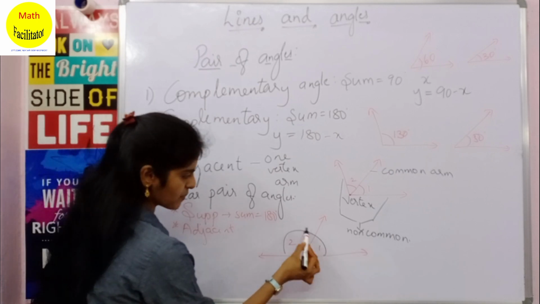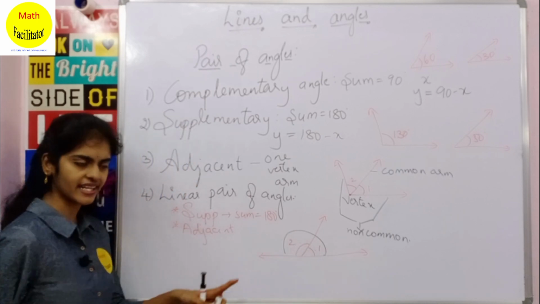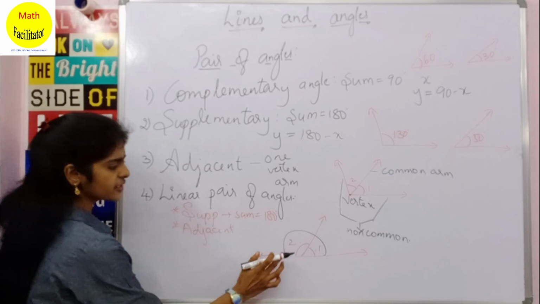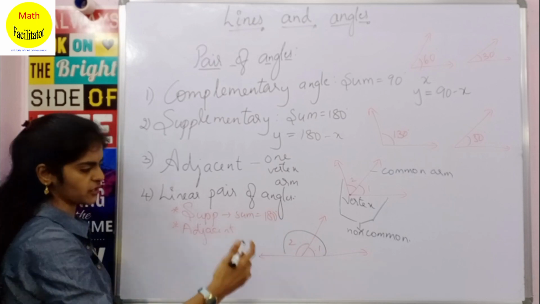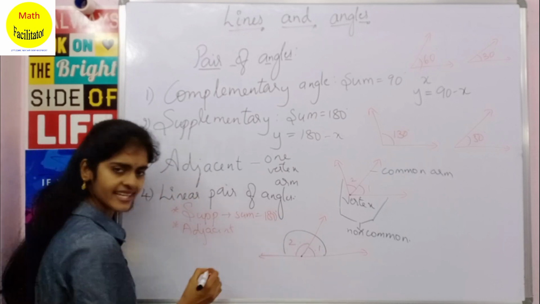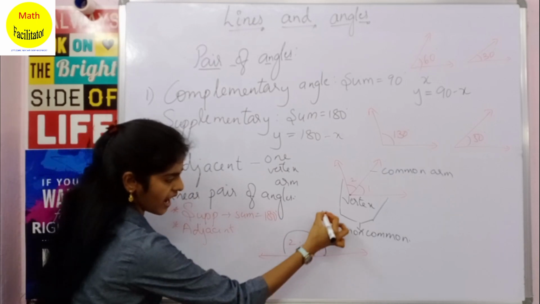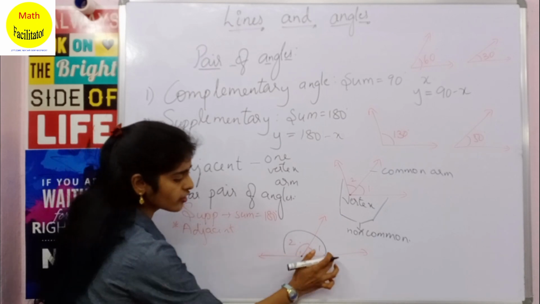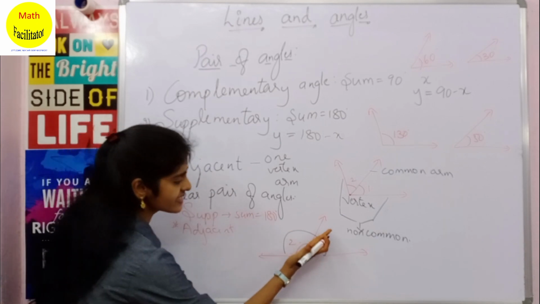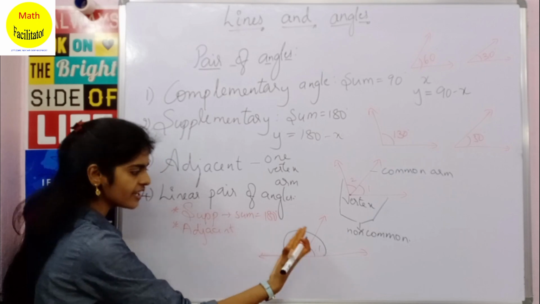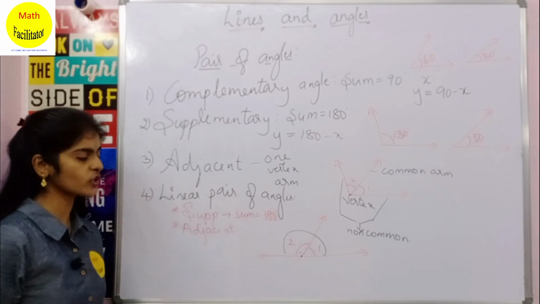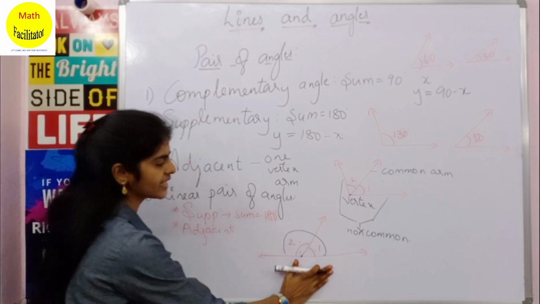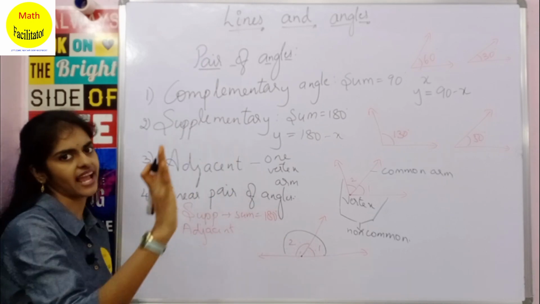And how are the two angles? They are adjacent to each other, because you have a common vertex, this is a common arm, and the two non-common arms lie on either side of the common arm. So this is adjacent as well as supplementary. This type of angles are called linear pair of angles.